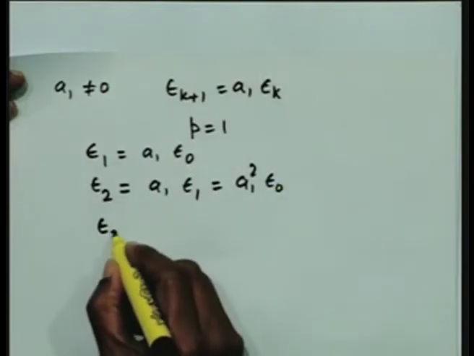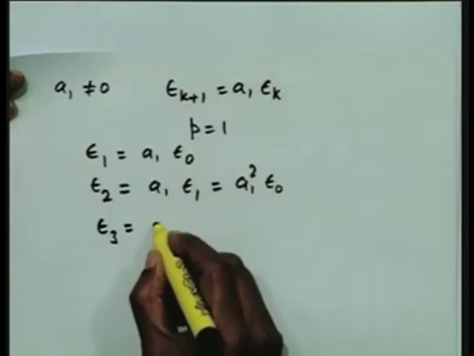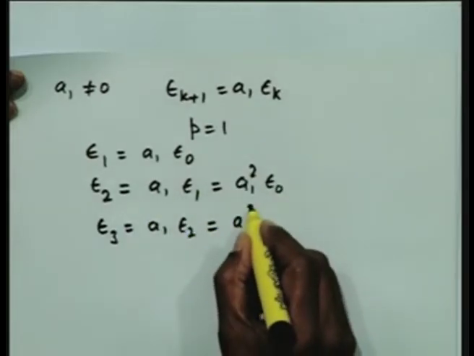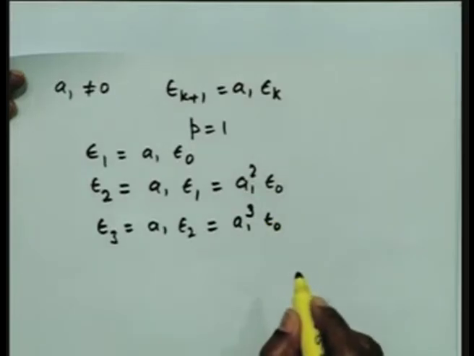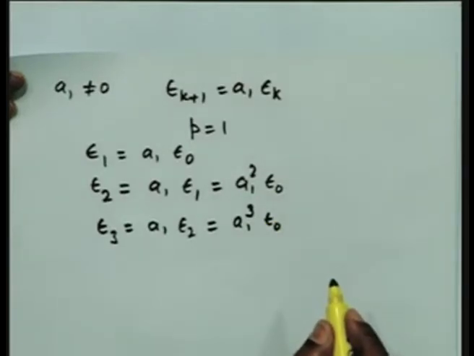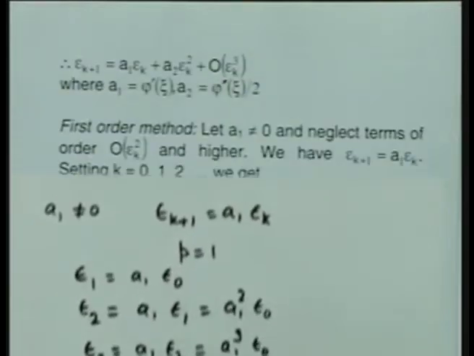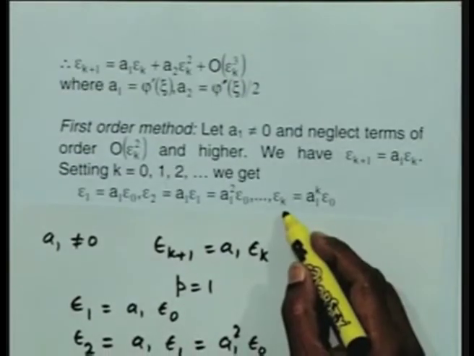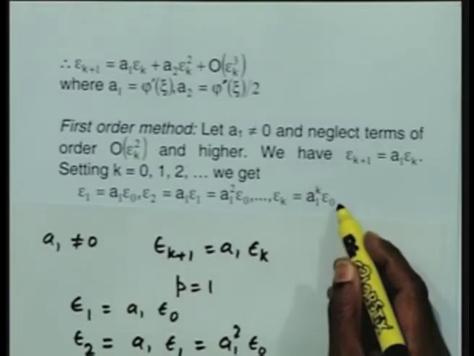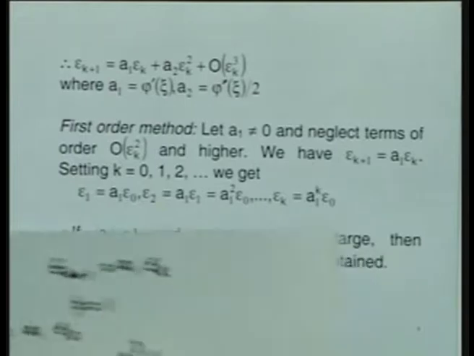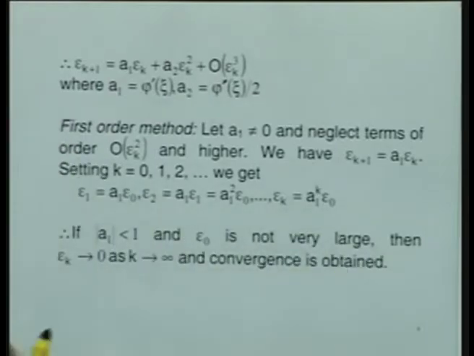Now, I proceed, epsilon_3 is a_1 epsilon_2. Therefore, this is a_1 cubed epsilon_0. Therefore, if I proceed on like this, what I would get is epsilon_k is equal to a_1 to the power of k epsilon_0. So, we repeatedly do this, and then I produce this: epsilon_k is a_1^k epsilon_0.